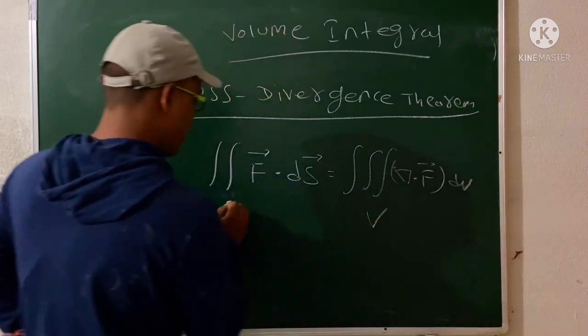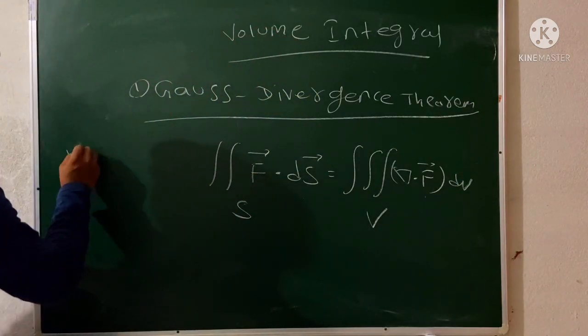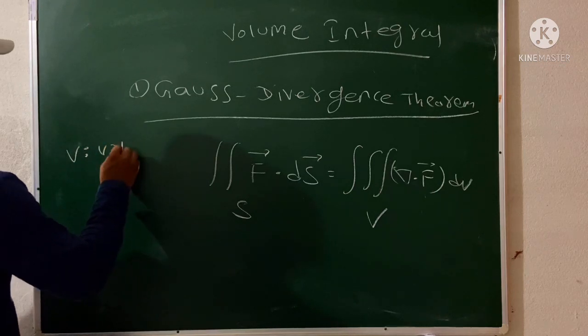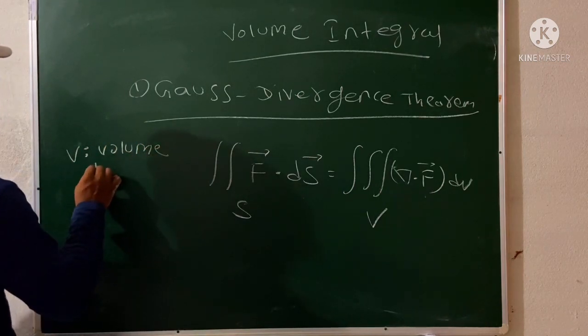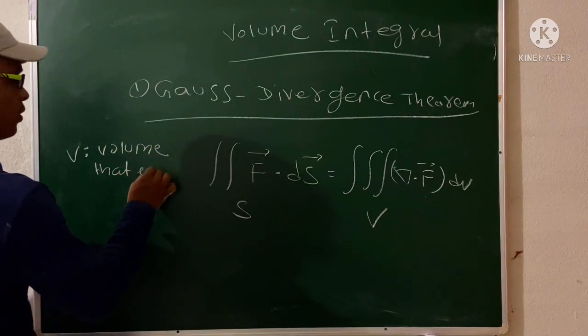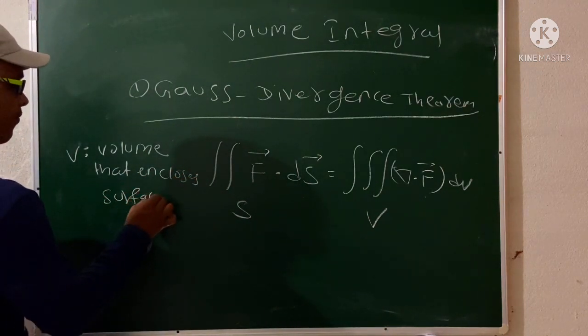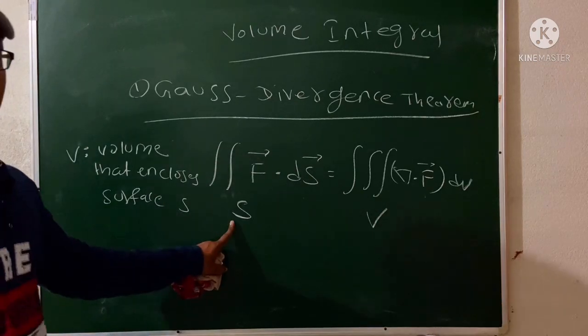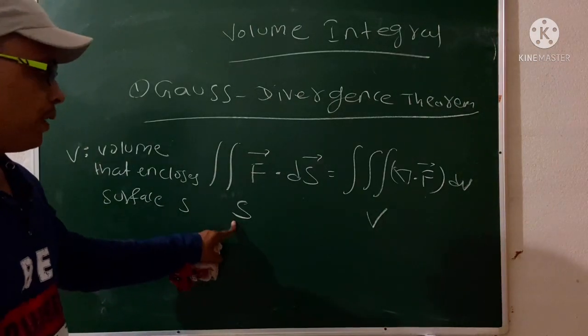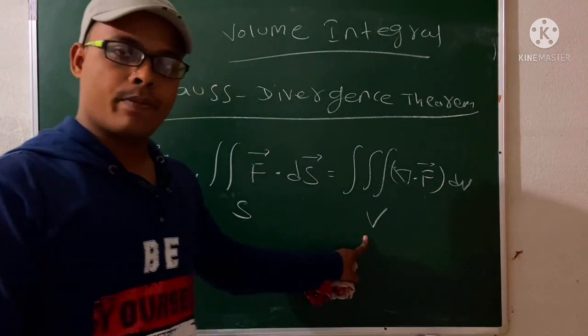So this is the volume V and this is S. Remember, V is the volume that encloses surface S. If this is the surface of a sphere, then that should be the surface of a volume.